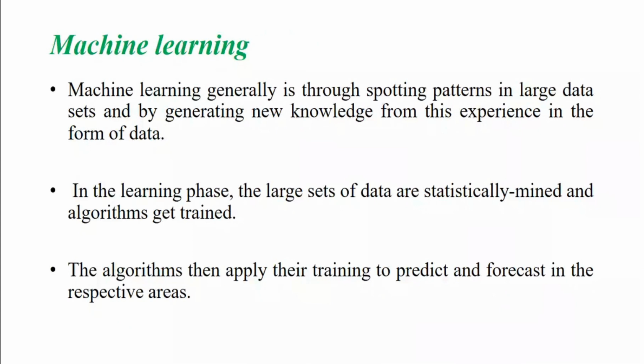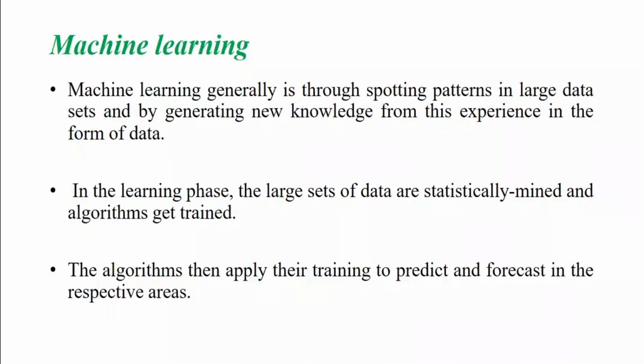So next, IoT with machine learning and artificial intelligence. Nowadays this is the main topic of research in the field of IoT. Machine learning works by spotting patterns in large data sets and generating new knowledge from experience in the form of data.